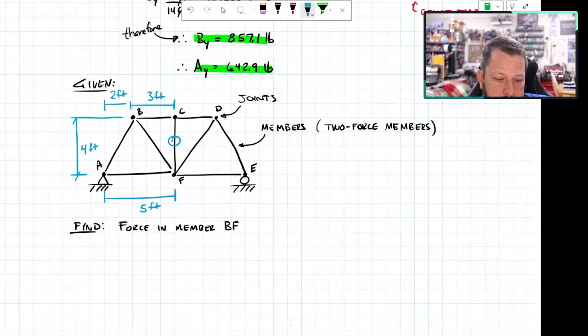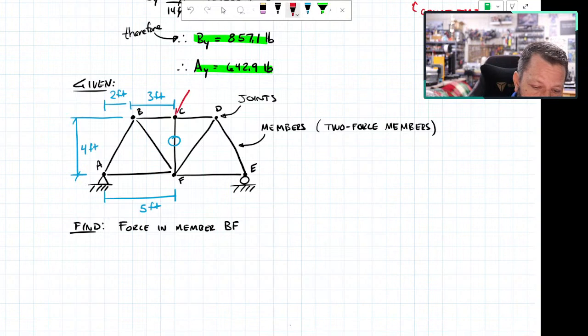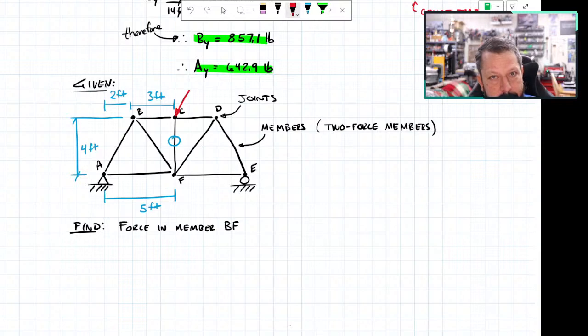The last thing you check is, is there any external force applied directly to C? And there's not. Now there are the internal forces, the forces from the members themselves, but that's not what I'm talking about. Is there an external force? And there's not.